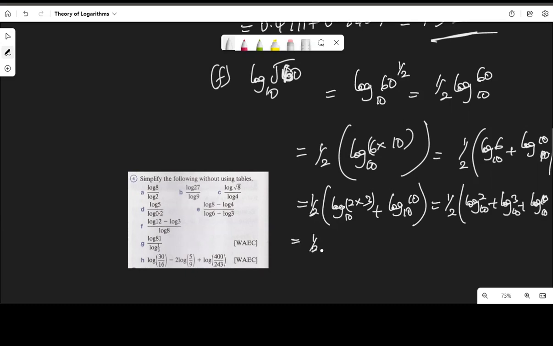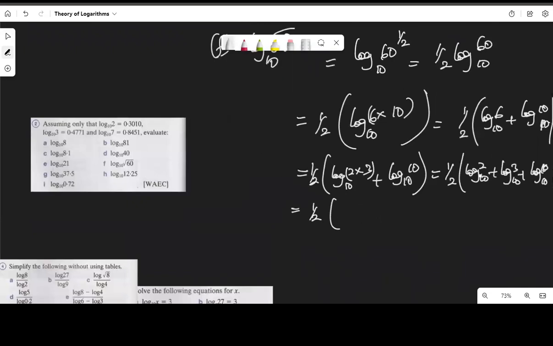And that will be half multiplied by log 2 to base 10, which is right here, 0.3010, plus log 3 to base 10, which is 0.4771, plus log 10 to base 10, which is 1. So adding all of this together, then divided by 2, we get 0.8891 approximately.